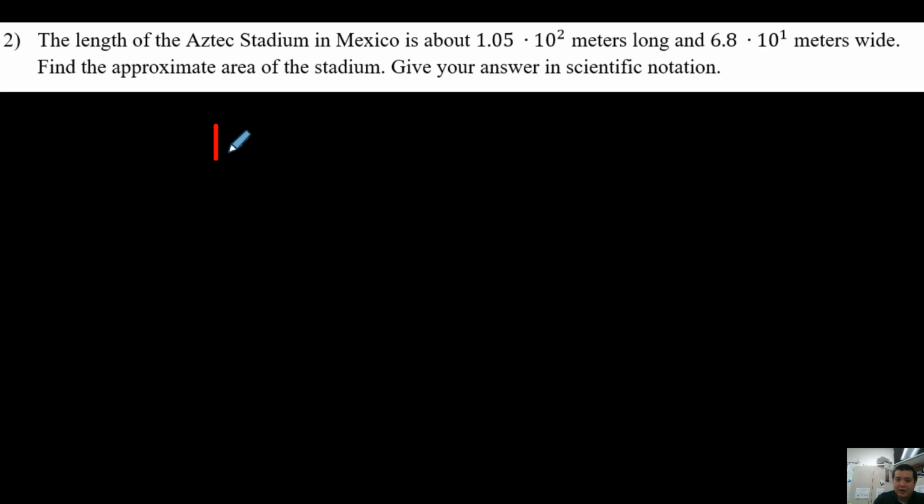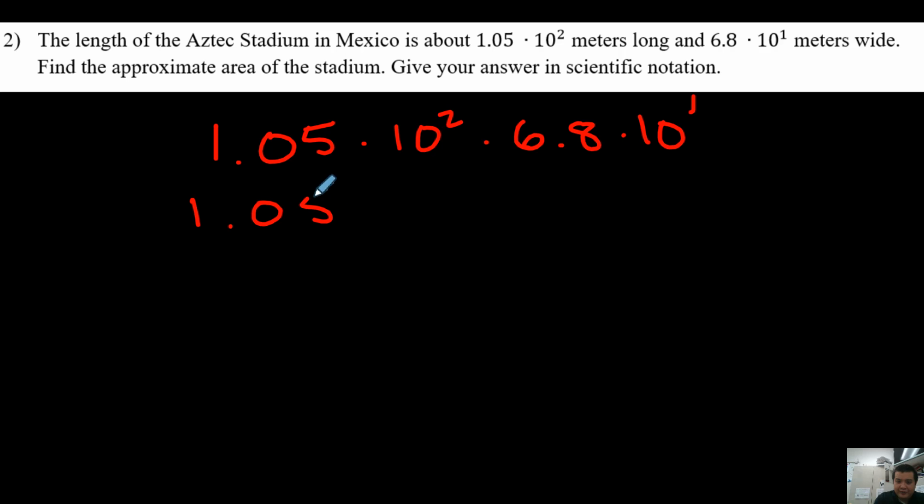So we have 1.05 times 10 to the second times 6.8 times 10 to the first. I'm going to rewrite this so the coefficients are next to each other, 1.05 times 6.8, and then the bases are going to be next to each other, 10 to the second times 10 to the first, because we can, since multiplication is commutative.